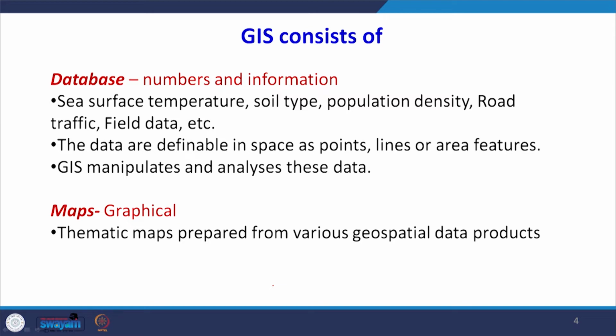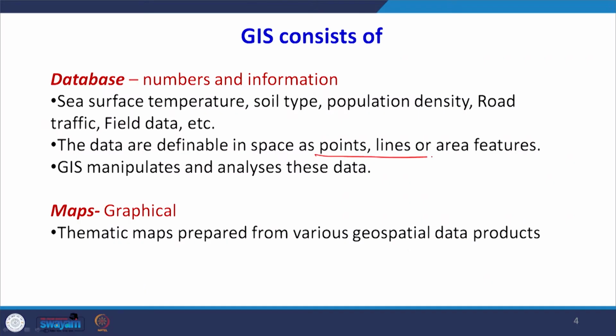These are all data, and these data are definable in space. We can represent them in terms of point, line and area features in space and connect this data with those features. So what GIS is doing is carrying out the analysis, the manipulation, the interpolation with that data.